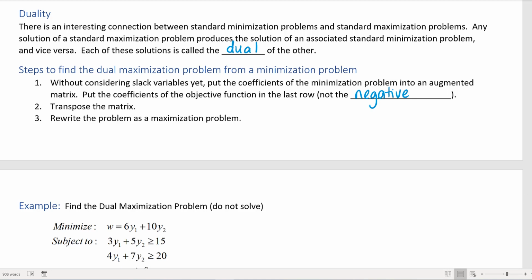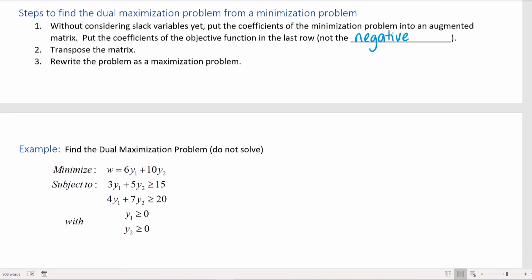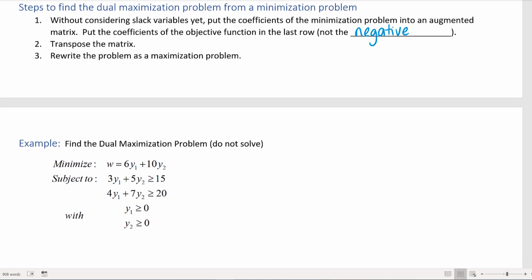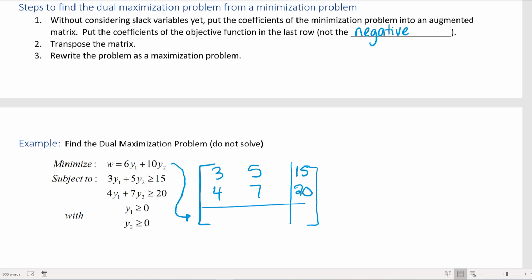So here on the next page, I'm going to try to leave my steps up here. Step 1, this is my minimization problem. Notice I have y variables and I'm minimizing a w. So I'm going to put it in a matrix right now. I have 3, 5, and 15 for the first constraint, 4, 7, and 20 from the second constraint, and the minimize objective function is going to go in the bottom.